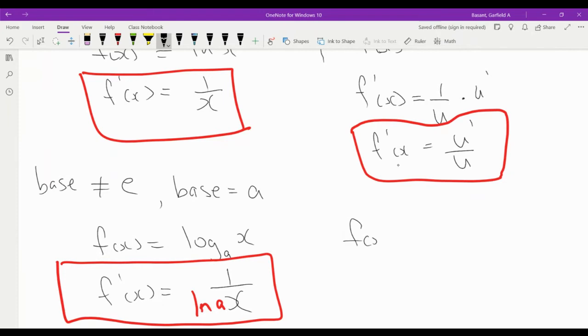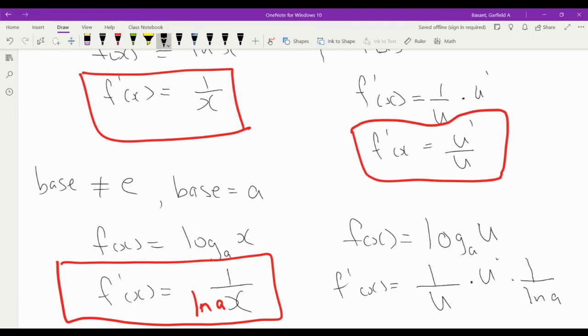And if we have f of x is equal to log base a of u, then f prime of x is equal to 1 over u times u prime times 1 over the ln of a.